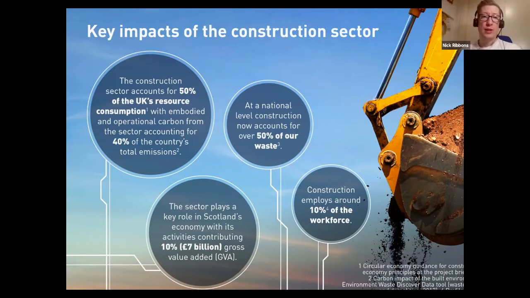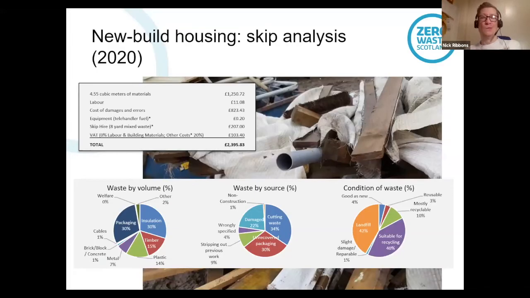We also know that it's a hugely important sector within the economy. It's about 10% of GVA, and I think around 7% of GDP, and about 1 in 10 people in the workforce works in the construction sector or the supply chain.